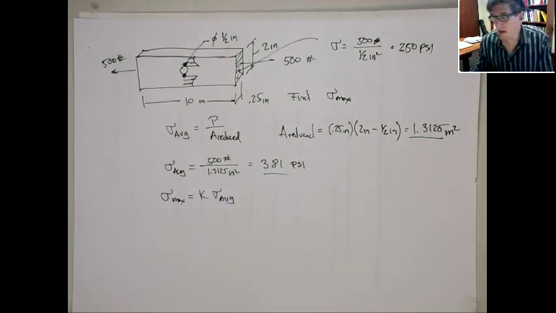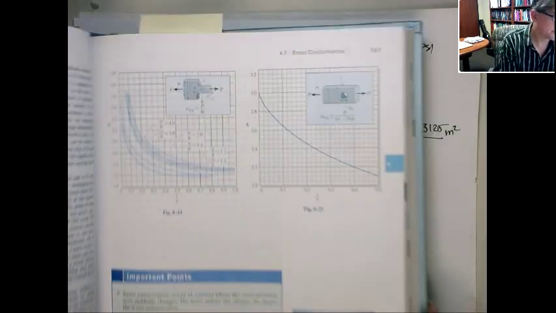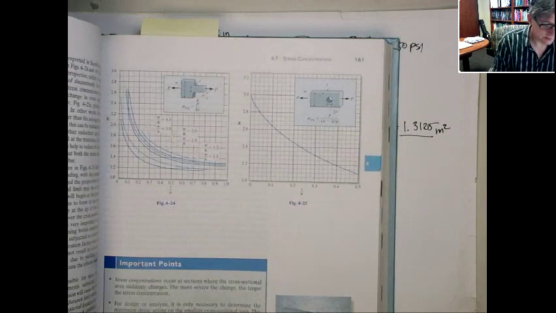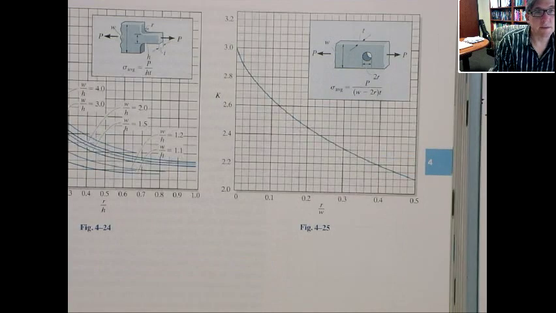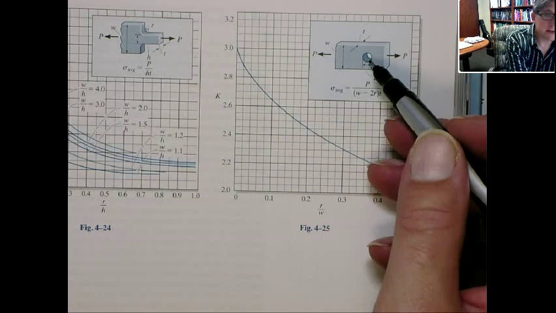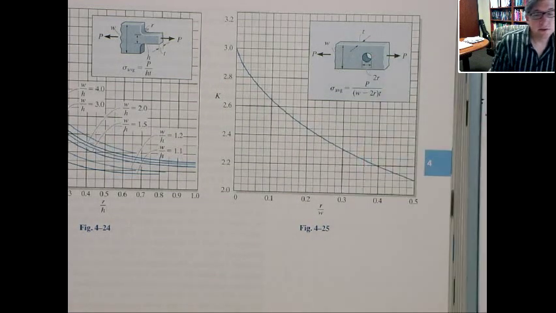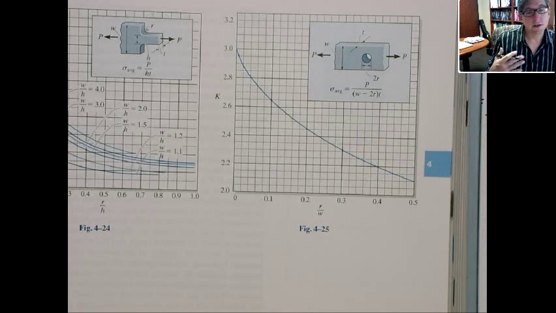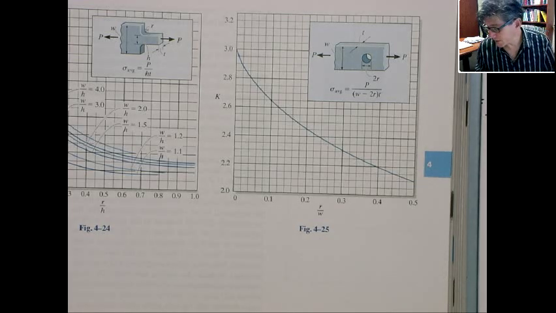Now, when we go and look at the table for that situation, well, let's zoom in a little bit. I should make a bigger table. The stress concentration factor has to do with the ratio of the radius over the width. So in our situation, the radius is 1/8 of an inch. The width is 2 inches. So it's 1/16.